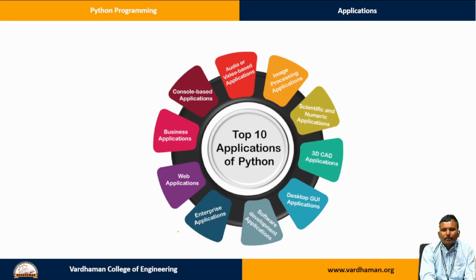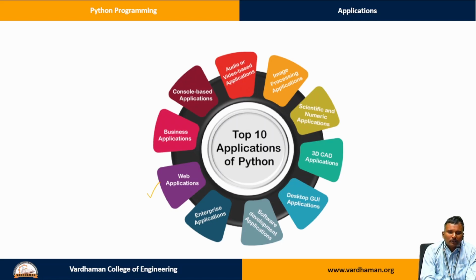Now the applications of the Python programming language. What are the basic applications we can develop using Python programming language? Starting with web applications. You can develop web based applications. That means the application runs on the server and it can be distributed over the internet.